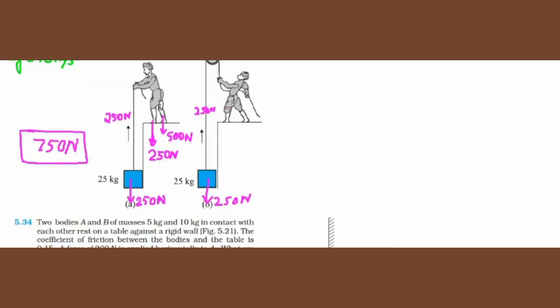But what is the difference? He is using a pulley now. So he is pulling down. Instead of lifting the object, he is pulling down. Here he needs to give 250 Newton downward. When he applies a force downward 250 Newton, then what about the reaction on the floor?